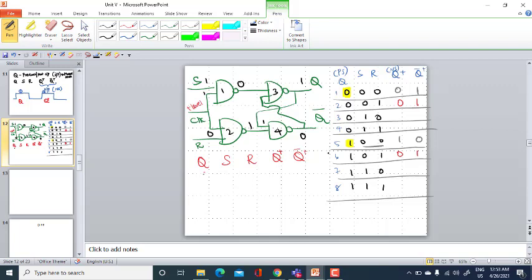Okay. So for this state, when your input is 1 0, your output, or the next state output, I can say, does not depend on the previous output, or it does not depend upon the present state.